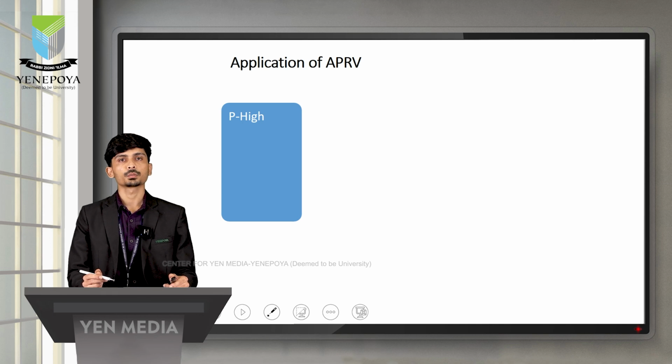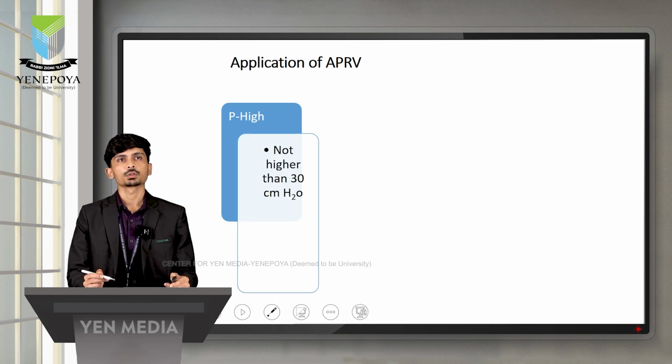So the first parameter that you are going to set here is the P high, which is nothing but the first pressure, also the highest pressure that you are setting. So it should be set no more than 30 centimeter of water. But how do you set it?